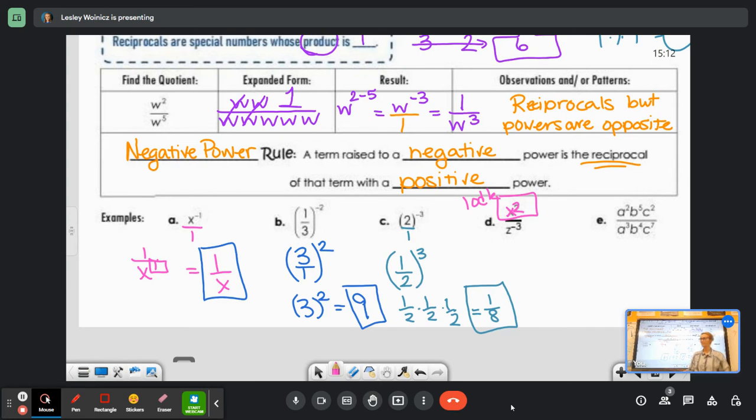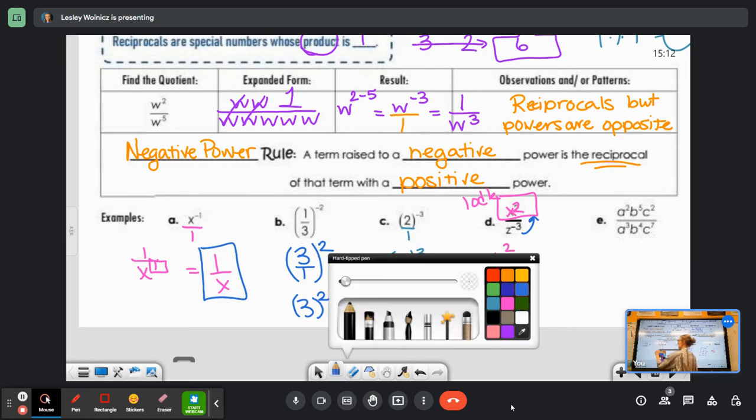But is that z to the -3 happy down there where I have it in the denominator? Where in its heart and soul does it really want to be where it can have a positive exponent? Up top in the numerator. So let's give it what it wants. Okay, so my x squared is locked. It stays on the top.